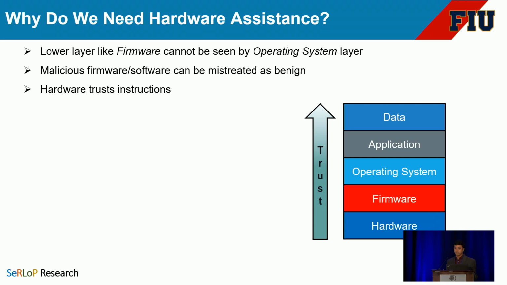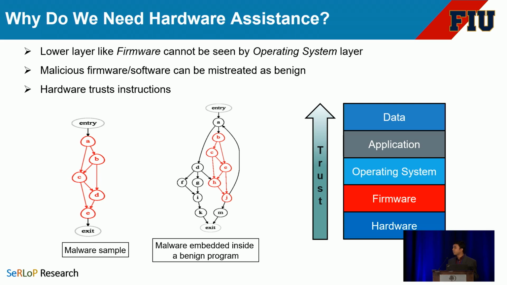This is why we need some hardware assistance to defend the system. And here's an example of a malware getting embedded into a program and treated as a benign program. So if the software-based solutions miss detecting this kind of malicious program, it may cause harm to the system.